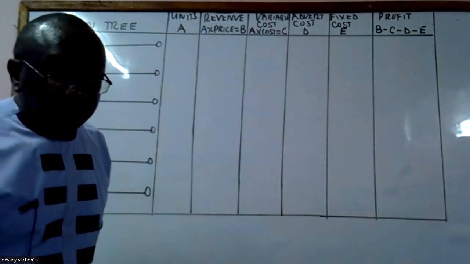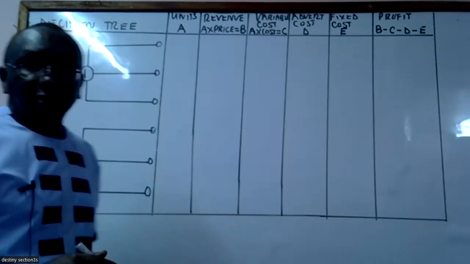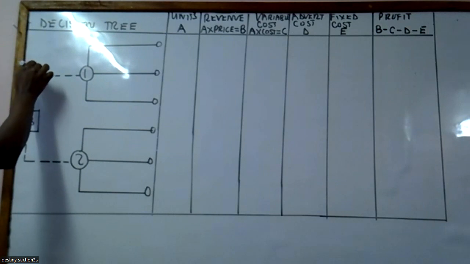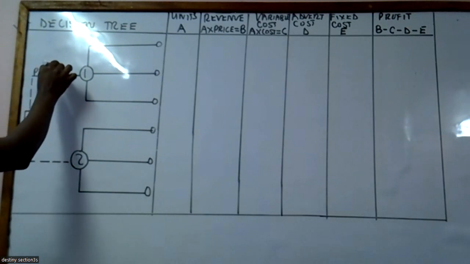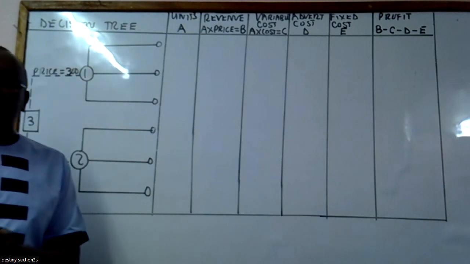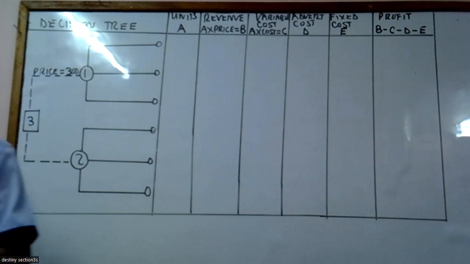we are debating two prices. The price is 300. Price is 300. That's what you're debating.